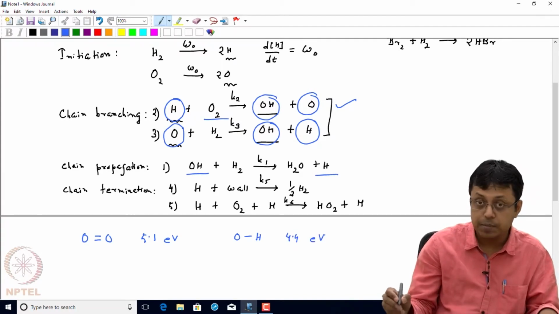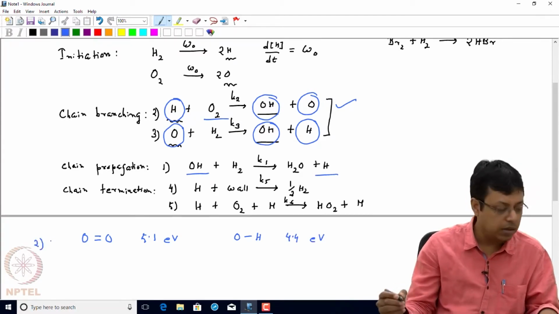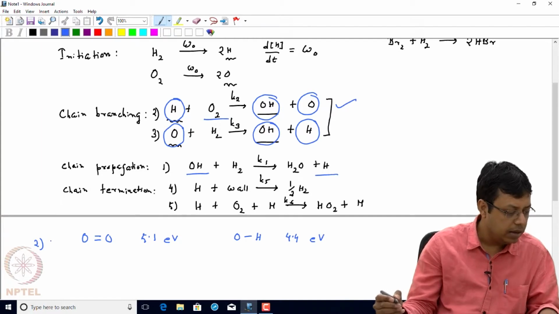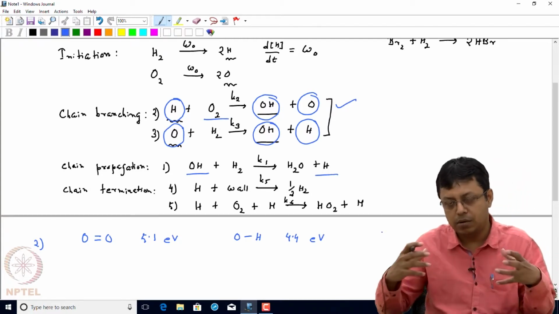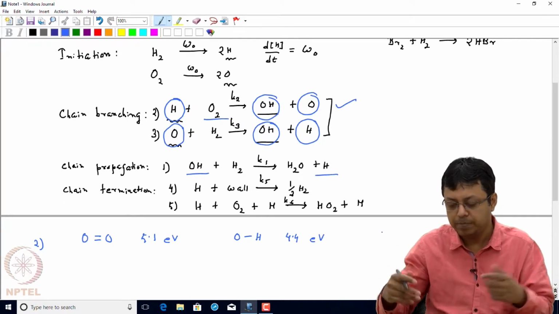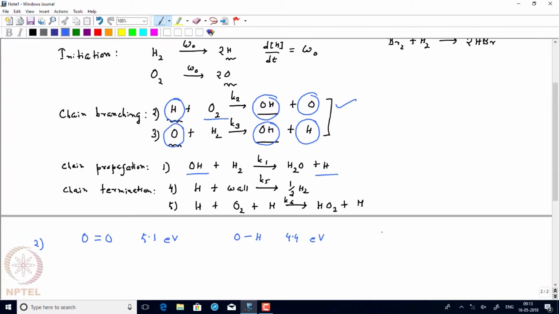So in step 2 you had an oxygen bond which is much more energetic, and you are forming a bond which is less energetic. So basically you have to supply energy. So this reaction is endothermic, and delta H is plus about 0.7 electron volt, taking the difference between 5.1 and 4.4.